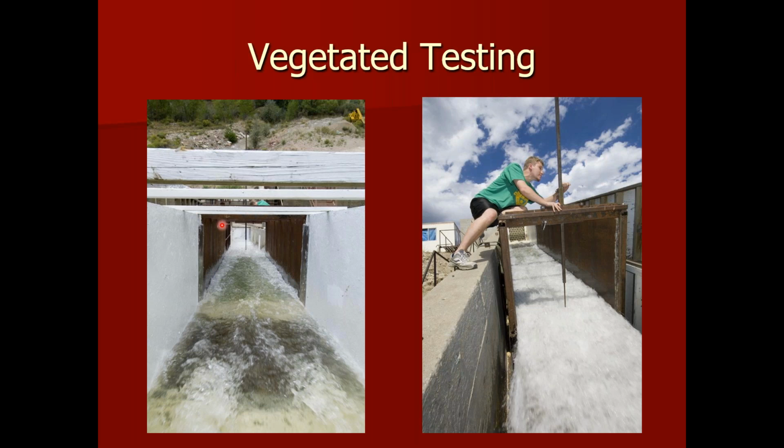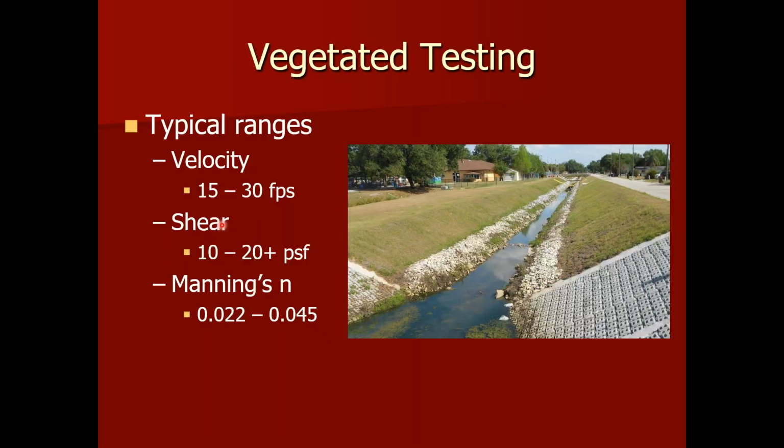So we set a discharge, students take water surface elevations that we run through an algorithm that was actually developed for articulated block, but it works for any type of supercritical flow. It's an ASTM standard also, to be able to interpret then the data and determine in a vegetated state what sort of permissible velocities and shear stresses we're able to obtain.